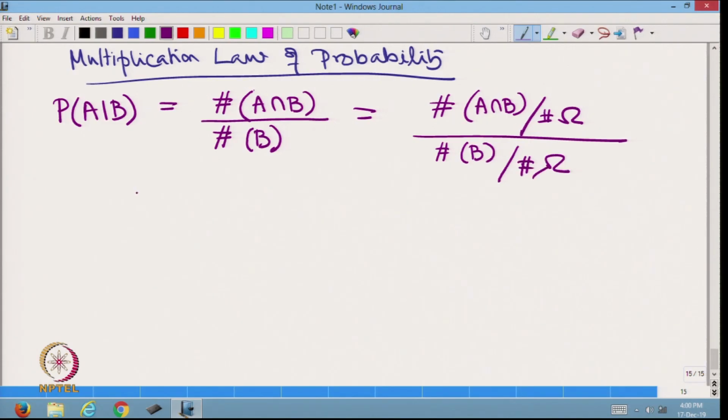Therefore, the numerator is probability of A intersection B and the denominator is probability of B.